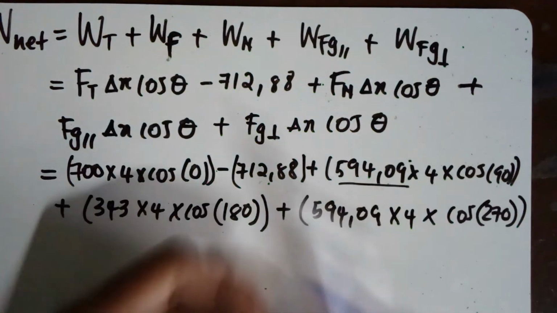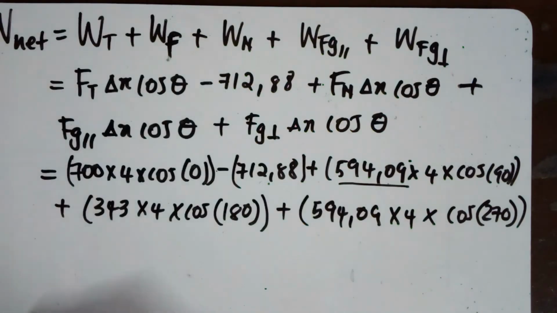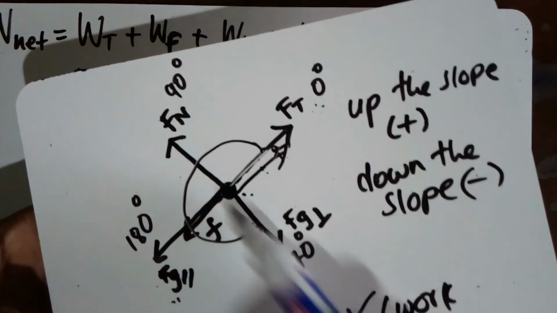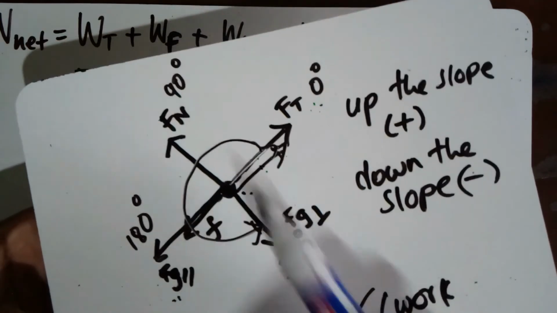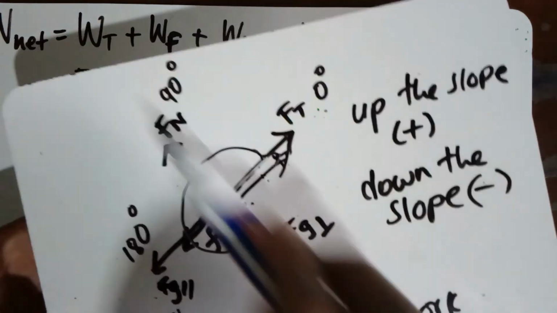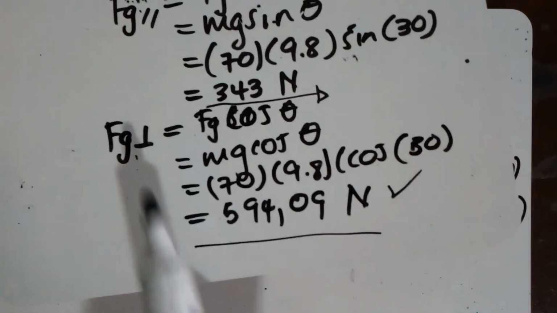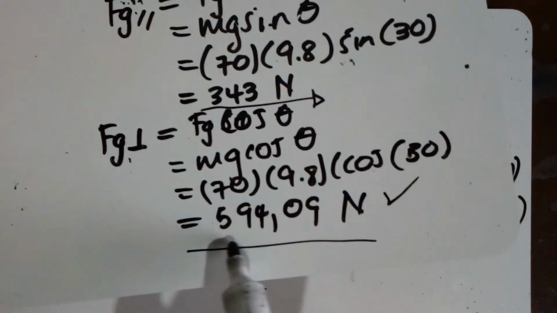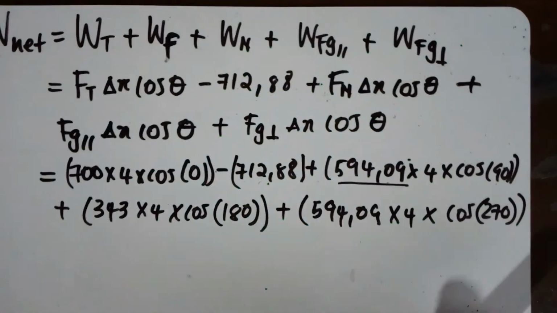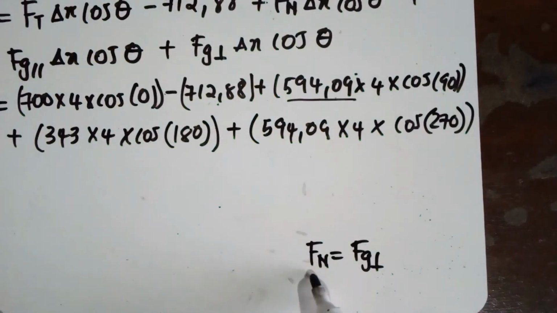Remember, in our sketch, this Fn, the normal, is actually equal to the value of the perpendicular component because this thing is not moving up or down, so they are balanced. And we already had calculated the value of the perpendicular component and we found it to be 594.09. So it is because Fn, the value of the normal, is equal to the value of that perpendicular component.